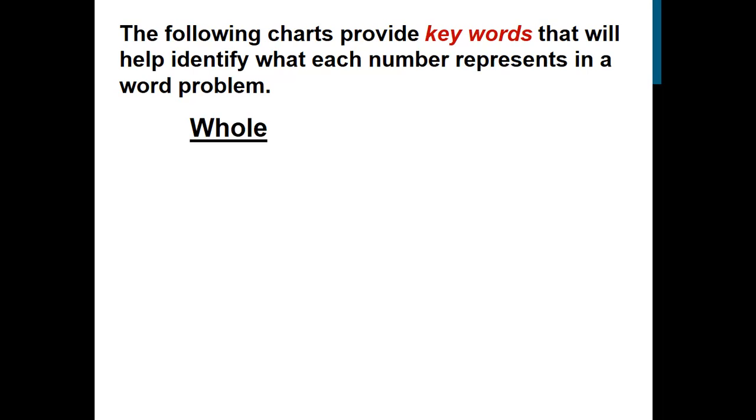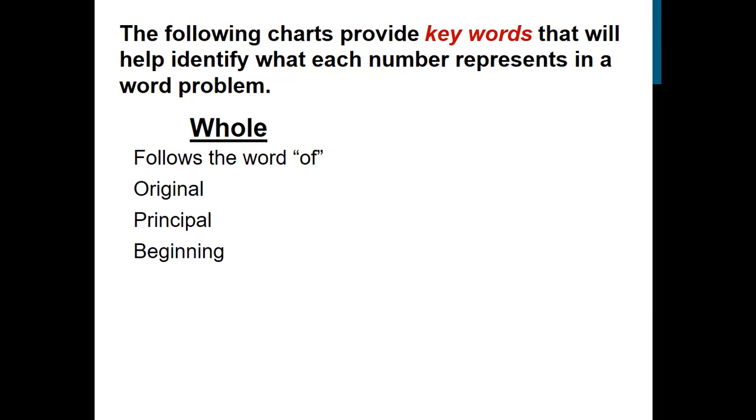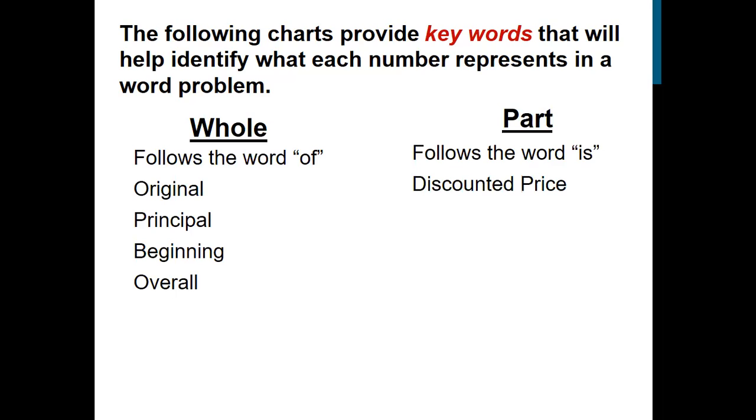So a whole could be what follows the word of, of course, original price, principal, beginning amount, overall, and some that would be the part is following the word is, a discounted price, interest, a down payment.